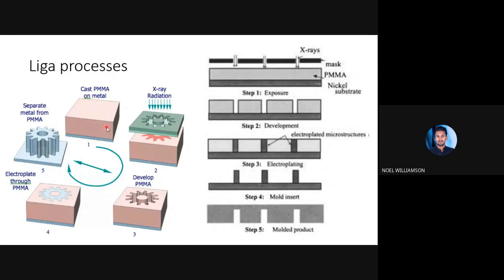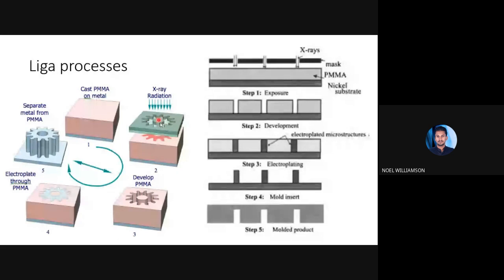So we use a mask like this, a masking component to resist the radiation, where we don't want to dissolve the part. In order to get a final structure like this, we create a mask like this. Here you can see the hole where the X-ray can be irradiated.